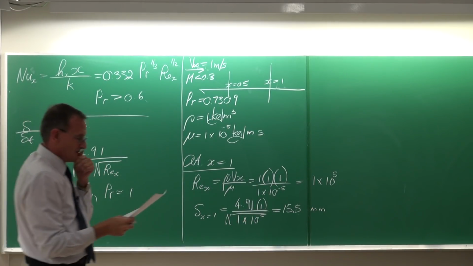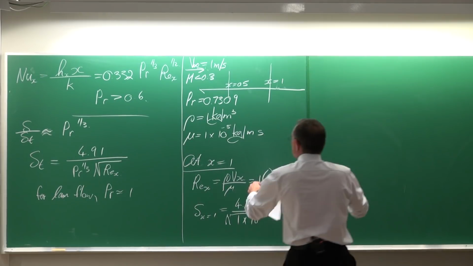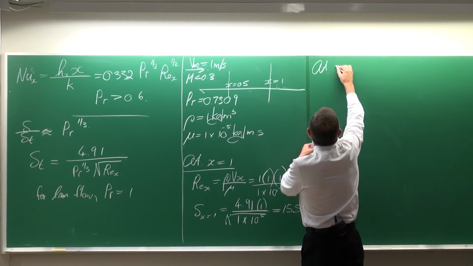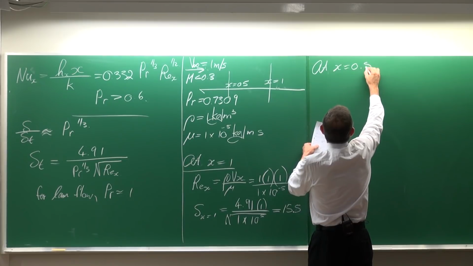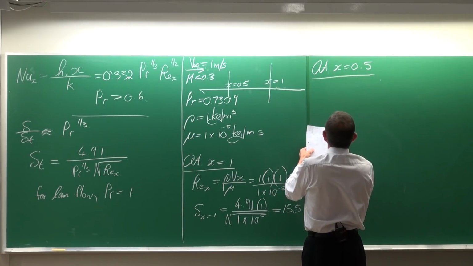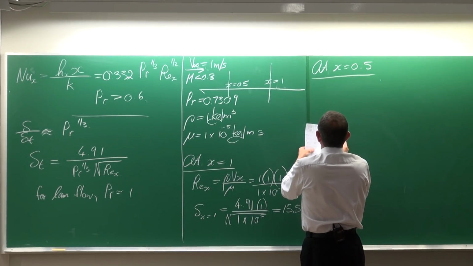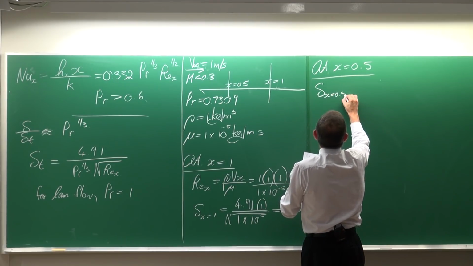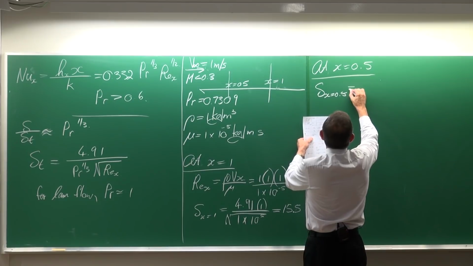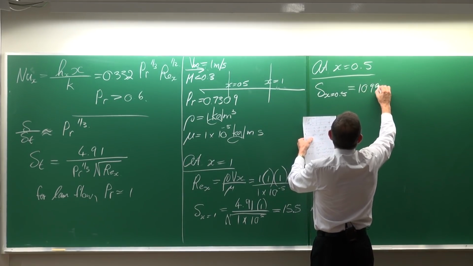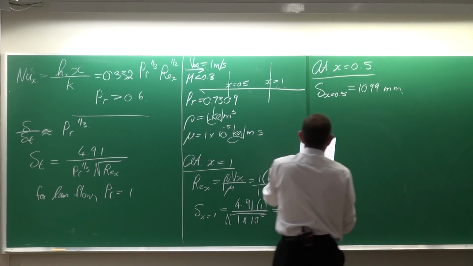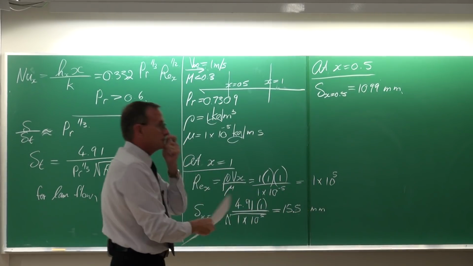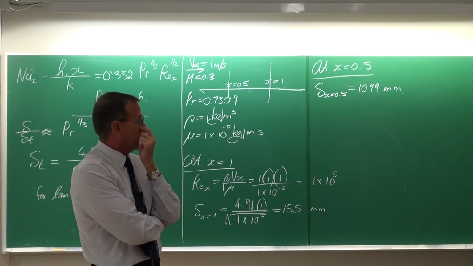Okay. If you do a similar calculation at x equal to 0.5, then the boundary layer thickness at 0.5 will be 10.99 millimeters. Okay?